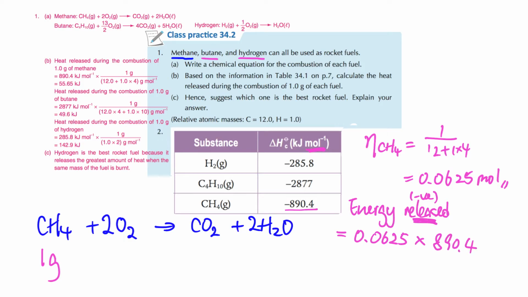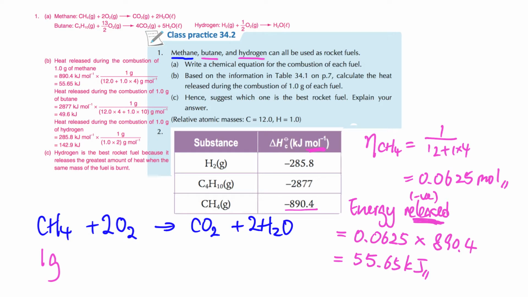I didn't use a negative here because I said energy released. That means it's negative already. You will find that it releases 55.65 kilojoules.